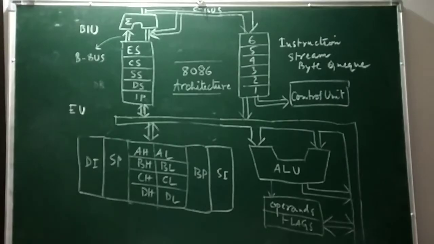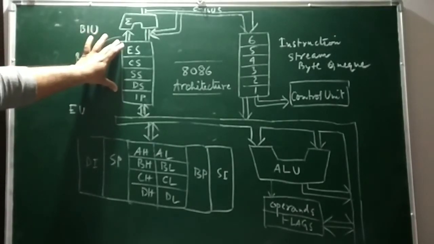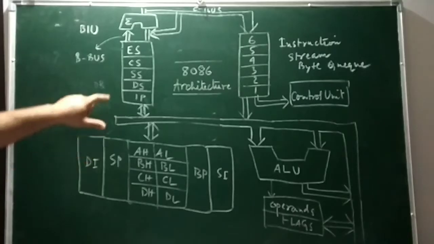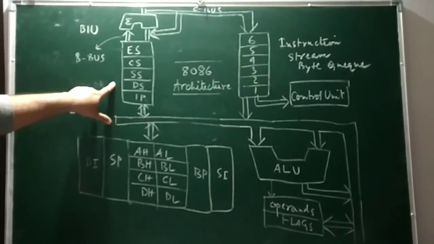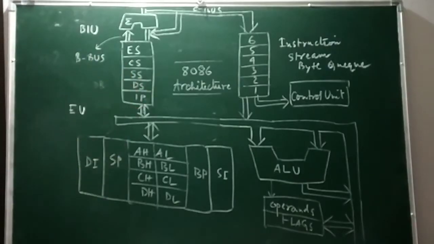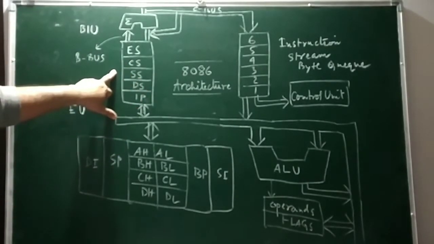Fine. So we have 4 types of segment registers. One is the code segment CS, another is the data segment DS, another is the extra segment ES, and another is the stack segment register SS.